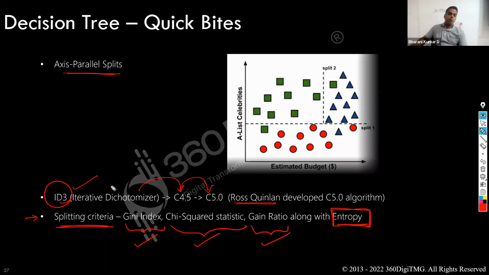The old decision tree algorithm name was ID3. Then they named it C4.5 and they put some additional information. They enhanced the algorithm. Now the current algorithm is C5.0. These are different versions, like you have iPhone 12, 13, 14 coming up on September 7th.